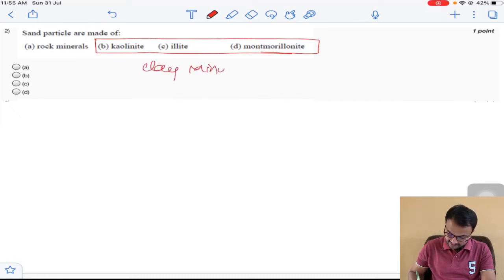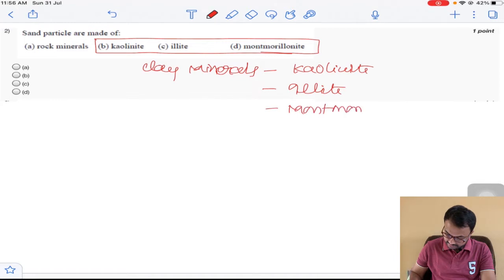So clay minerals are kaolinite, illite and montmorillonite. The only option left is rock minerals, that is the answer. Sand particles are made of rock minerals.